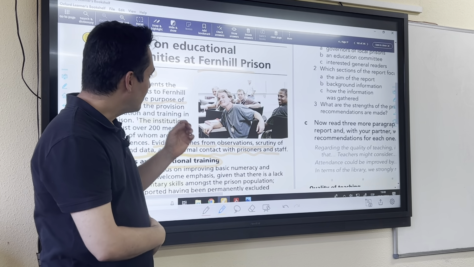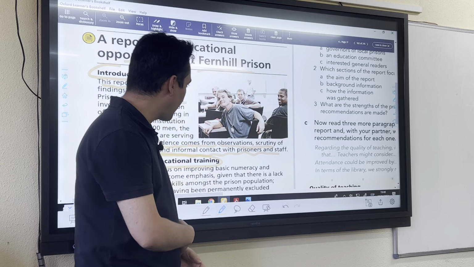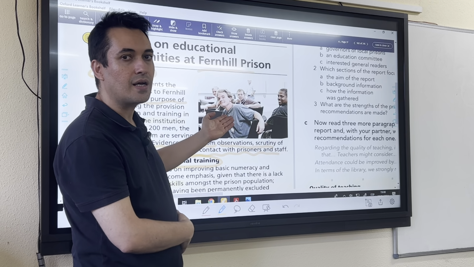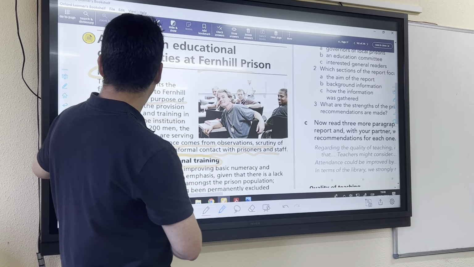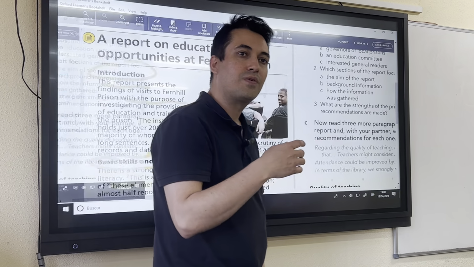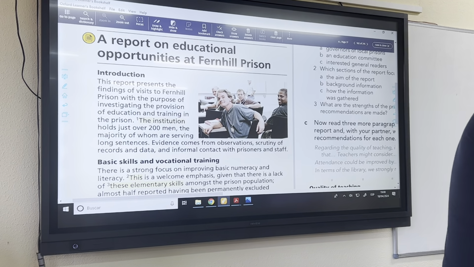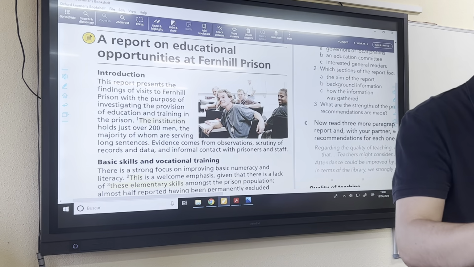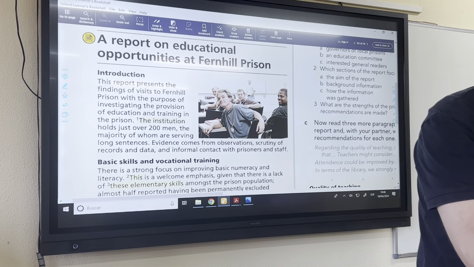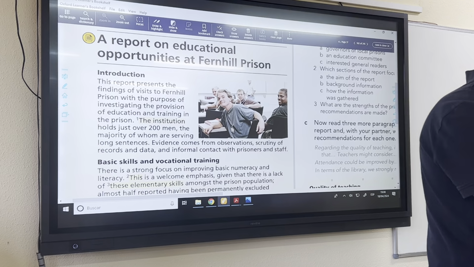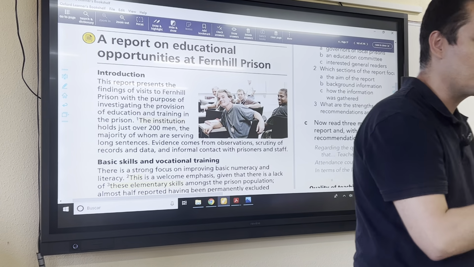Yeah, we have here some inmates, and they're learning in prison. That is a good way to help, later when they are released, they can reinsert, integrate, fit into society.